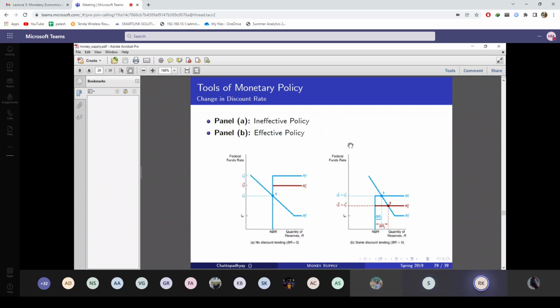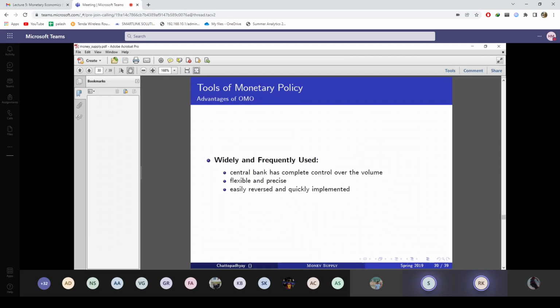change in discount rate. I will come to this later, but I will say one thing now: why open market operation is widely used almost regularly by the central bank, and why the second thing, changing required reserves, is not quite a widely used monetary policy tool.